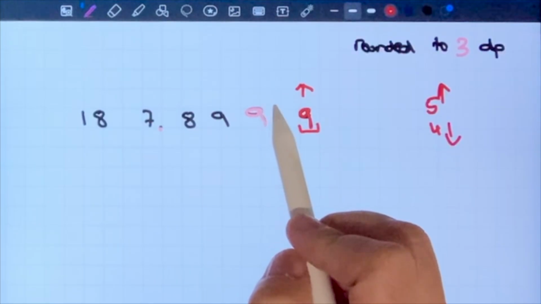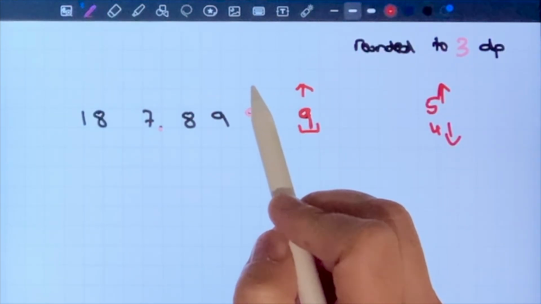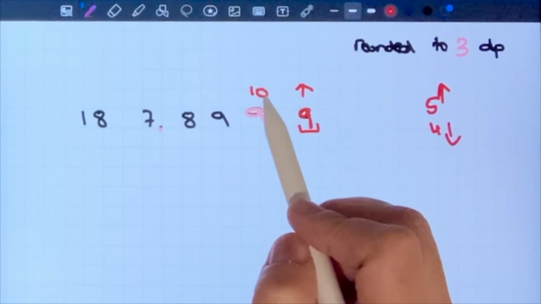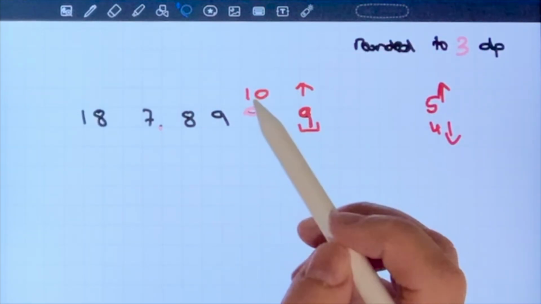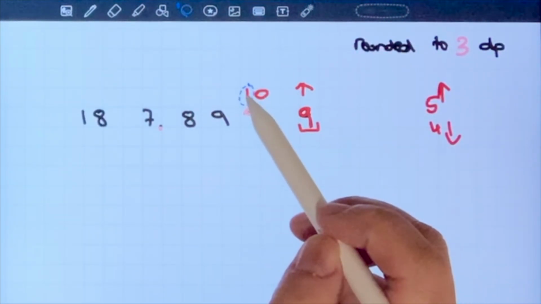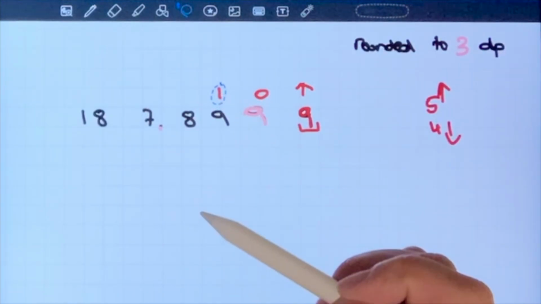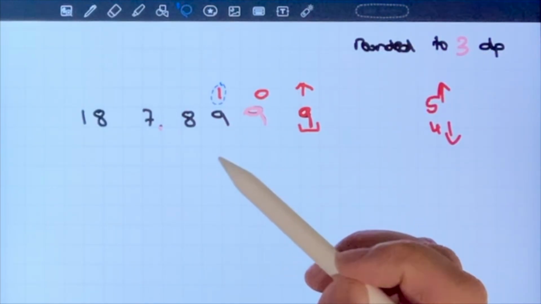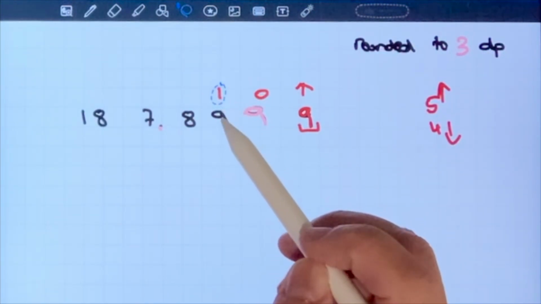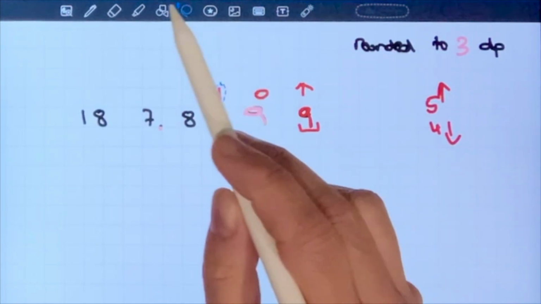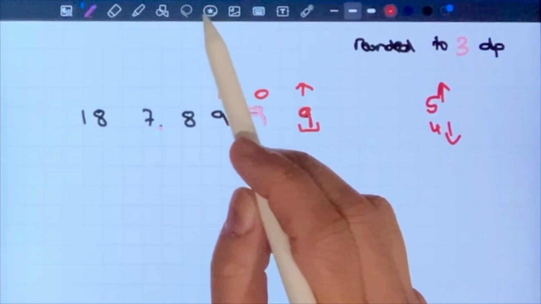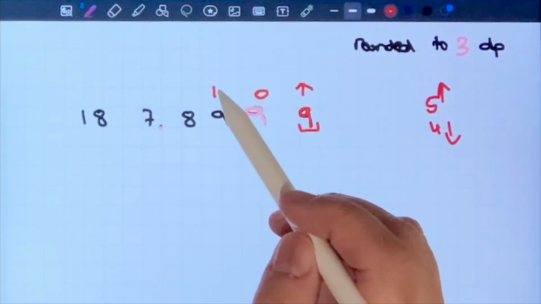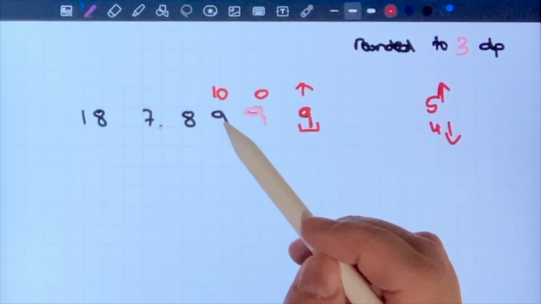So if it gets rounded up, it's going to become 10. But I can only put one digit here, so I'm going to only keep my 0. And this one, I'm going to move to this column from my thousands to my hundreds column. So 1 plus 9 is 10. So that means that this one is also going to be a value of 10.